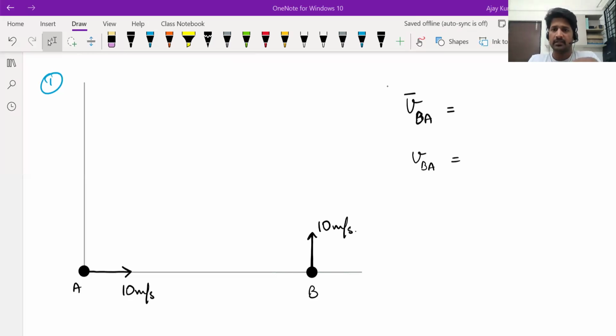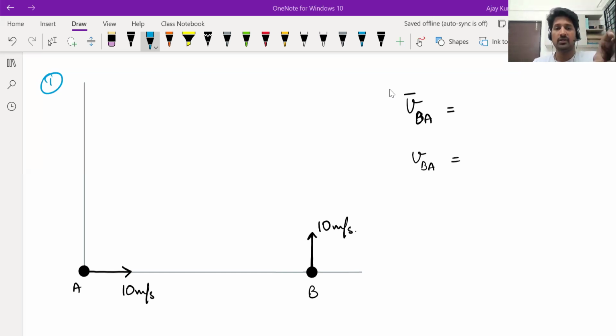Aishwarya, what is your answer for relative velocity? Sir, is it 10 j cap minus 10 i cap? Okay, I think that is correct only.